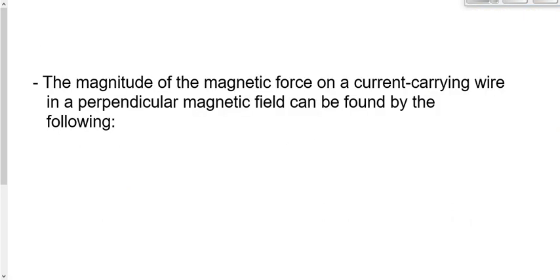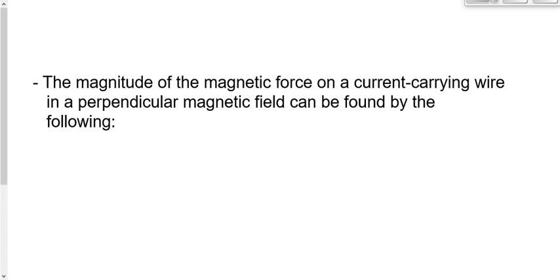What about the magnitude of the force now? Well, just like we said in the last situation, if the particle or the wire is perpendicular to the field, there's a force. We can describe that force by the hand rule for deflection or by an equation that you're going to learn in a second. If they're parallel, there is no force.